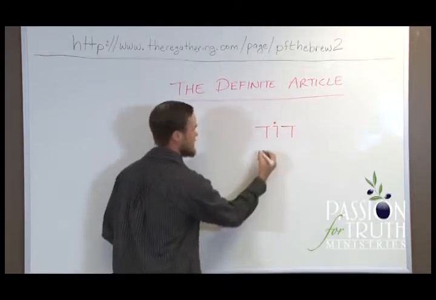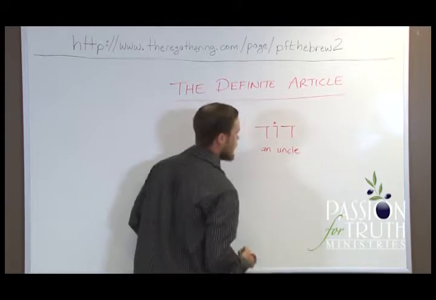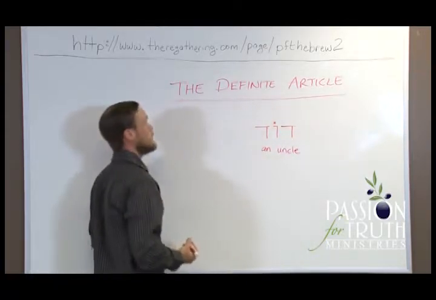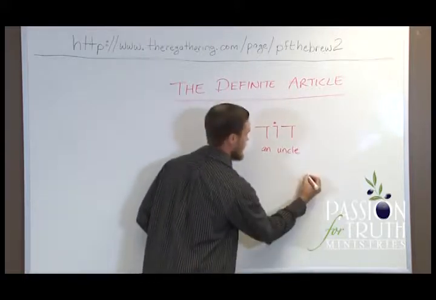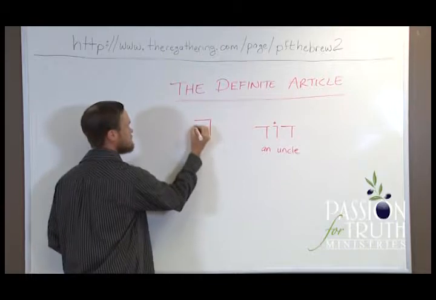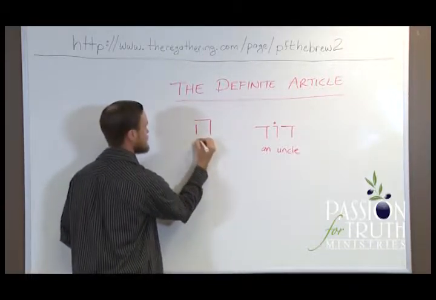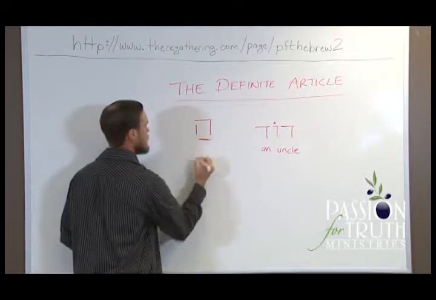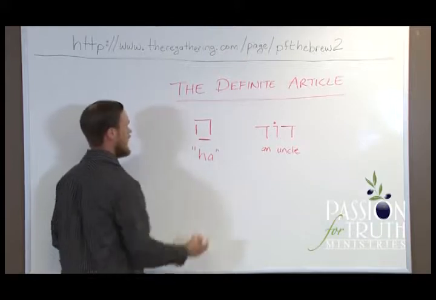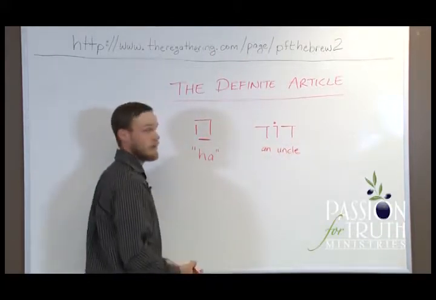Dode is an uncle. The prefix that is used to indicate the definite article is the letter hey, specifically a hey with a patach vowel, which is pronounced ha. So dode is an uncle.